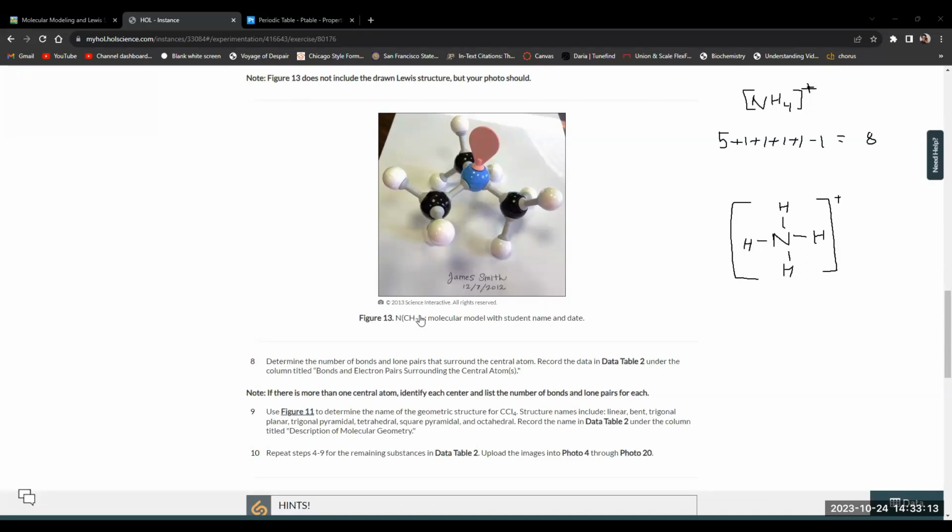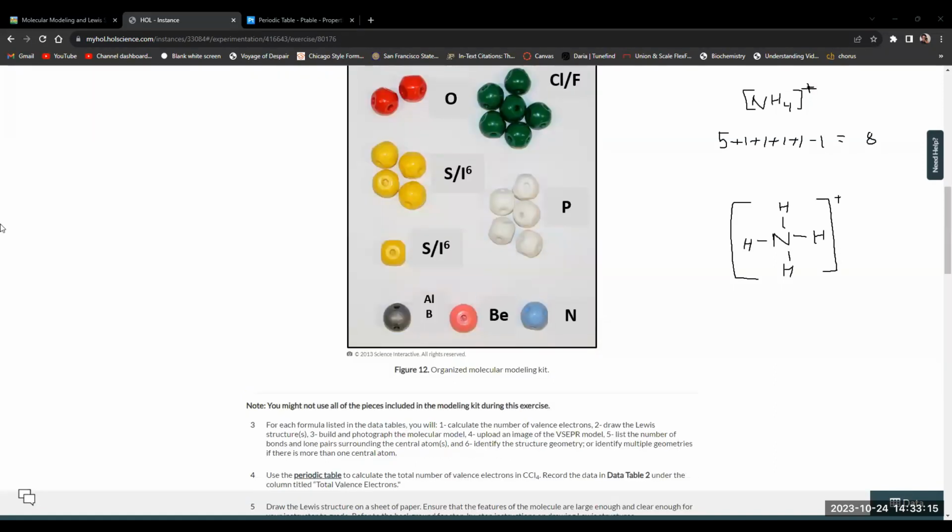So nitrogen uses the light blue ball. It should be the only one that came in your kit. So that's what I'm going to draw. And that's it. No lone pairs here, so we don't have to use the paddles.